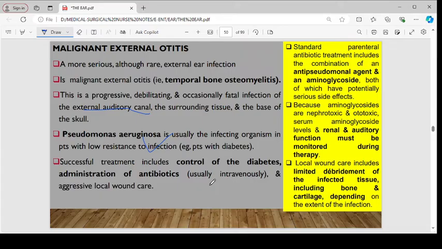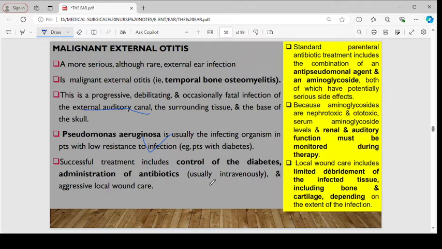Standard parenteral antibiotic treatment includes the combination of an anti-pseudomonal agent and an aminoglycoside, both of which have potential serious side effects. Because aminoglycosides are nephrotoxic and ototoxic, serum aminoglycoside levels and renal and auditory function must be monitored during the therapy.